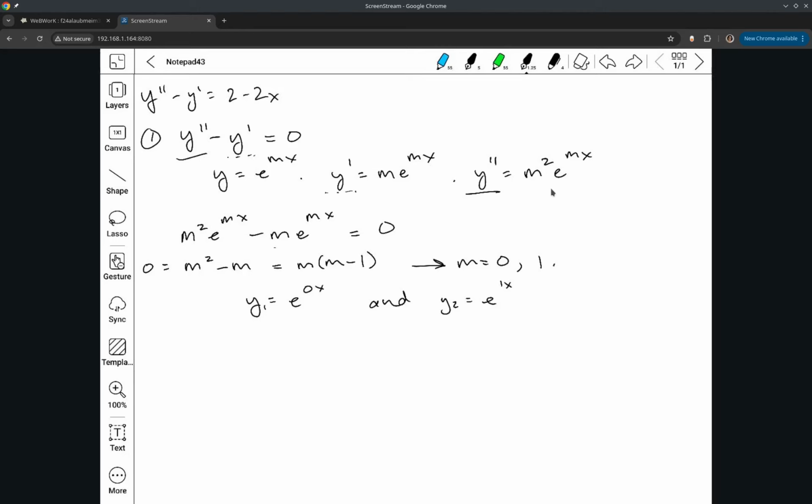So my two solutions would be e to 0x and e to 1x. And then just one important thing to note is that e to power 0 is just 1. So this is actually y1 is 1 and y2 is e to x.